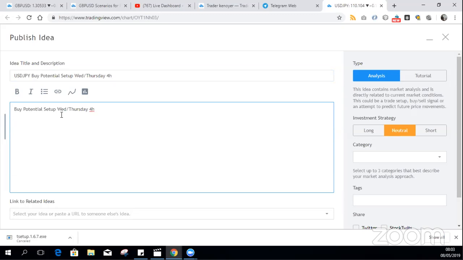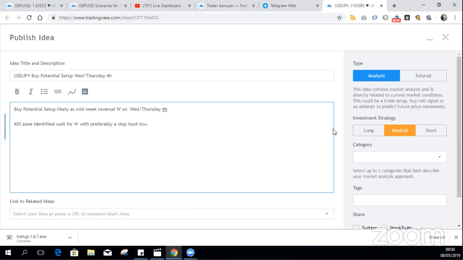So we have a potential buy setup, likely a mid-week reversal W on the kill zone identified. Wait for a W, preferably with a stop hunt low.